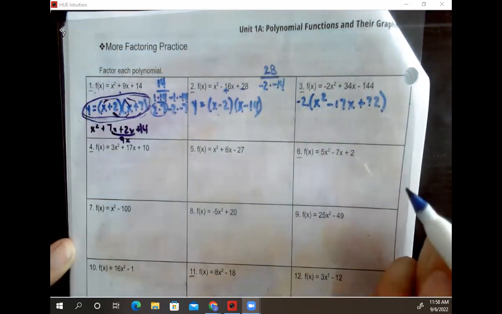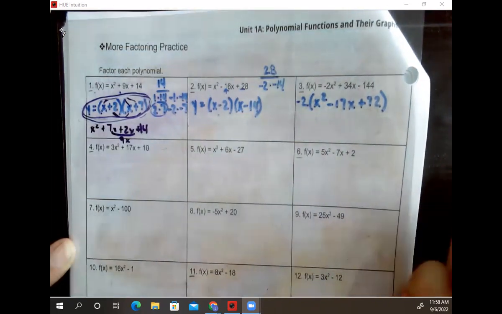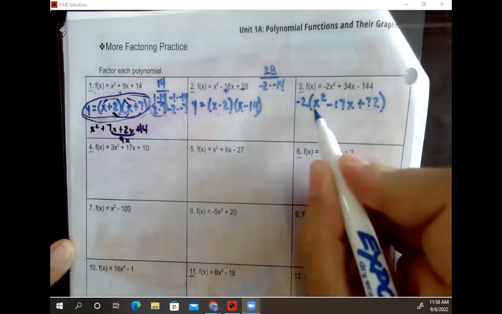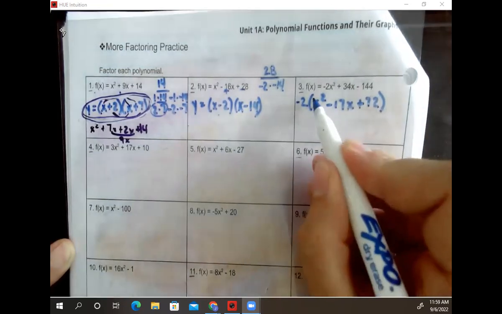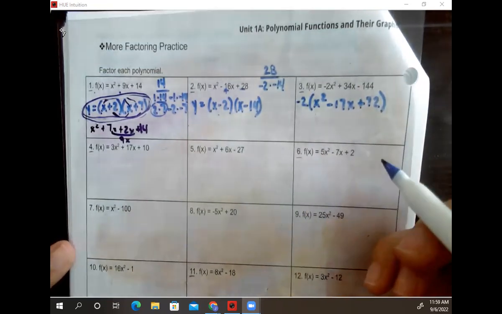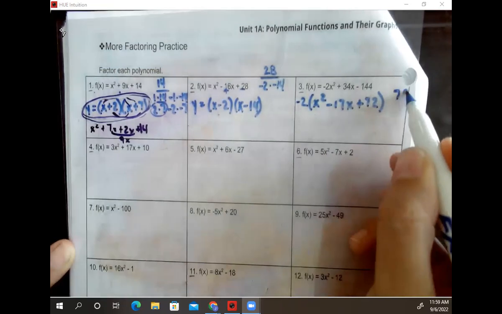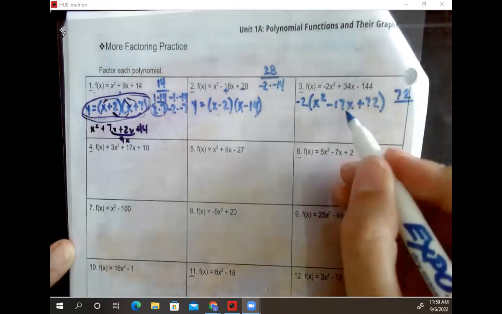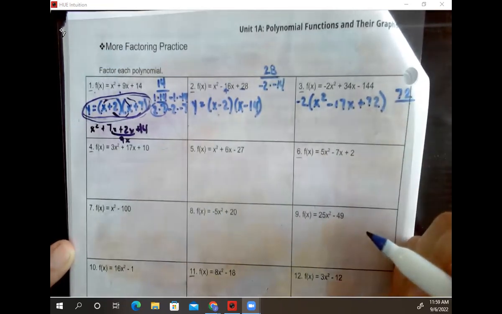And now that I've got my GCF pulled out, our lead coefficient for what's left over is just 1. So we can use our guess and check method here again. So I want factors of 72 that would add to -17.